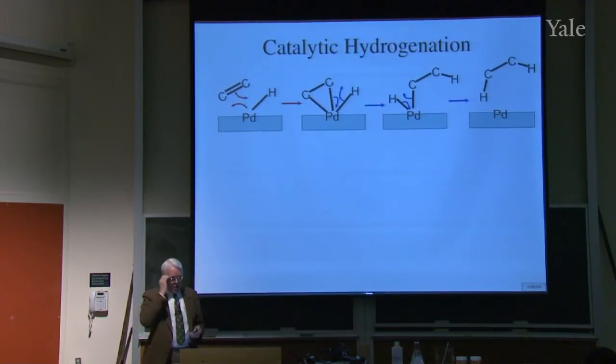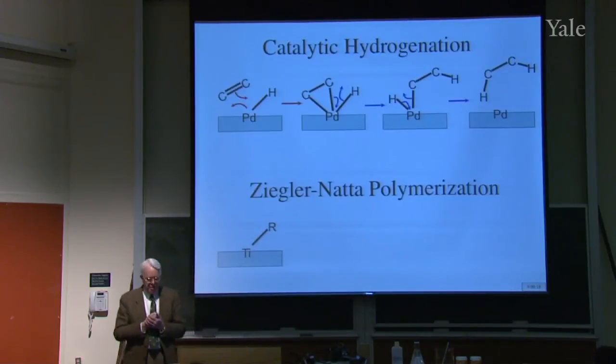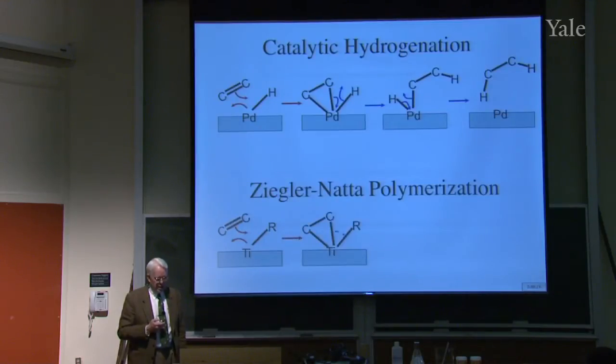Okay, now catalytic hydrogenation we saw looked like this. But Ziegler-Natta polymerization, this is the other Ziegler, Carl Ziegler, a German, looks very similar. So it has titanium with an R group on it. Okay? An alkene comes in, oxidative addition to give this. Reductive elimination on the other side gives that.